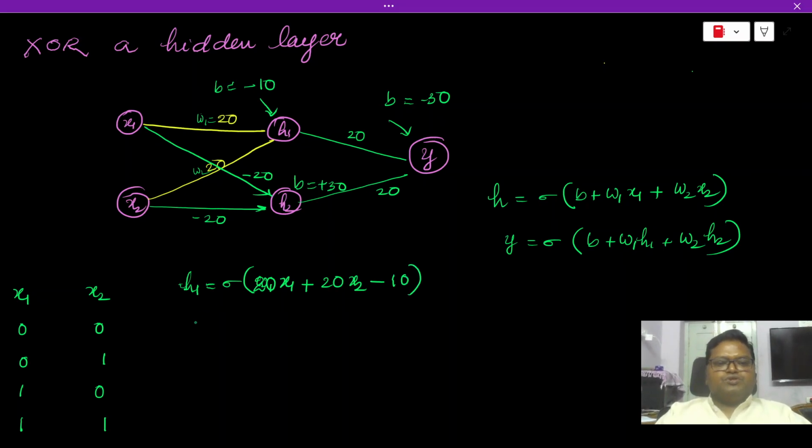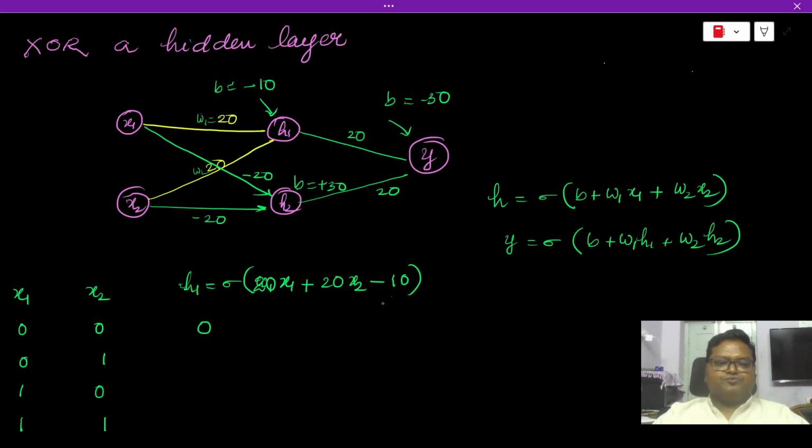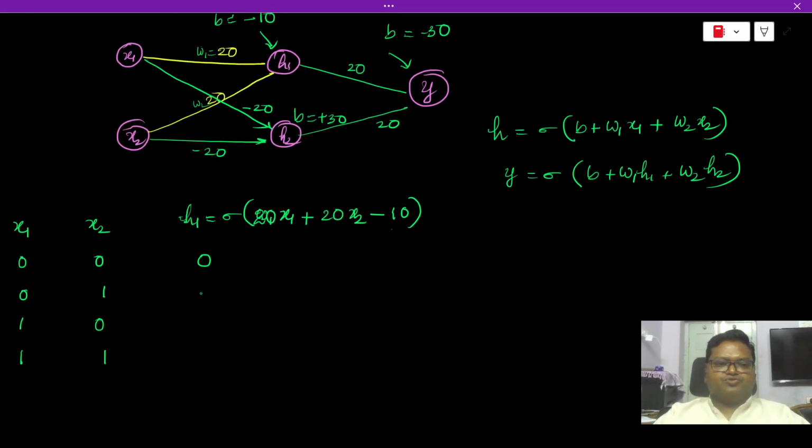So for 0, 0: 20 into 0, 20 into 0, 0, minus 10. Sigmoid of any value less than 0 is 0. For 0, 1: 20 into 0 is 0, plus 20 into 1 is 20, 20 minus 10, so 10, it is 1.